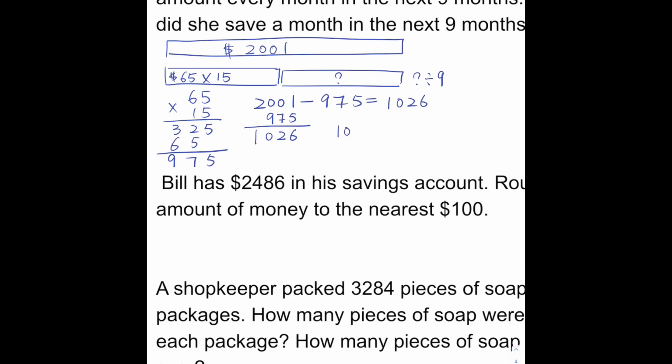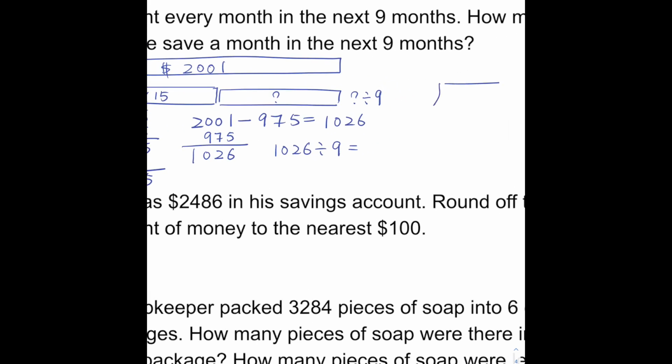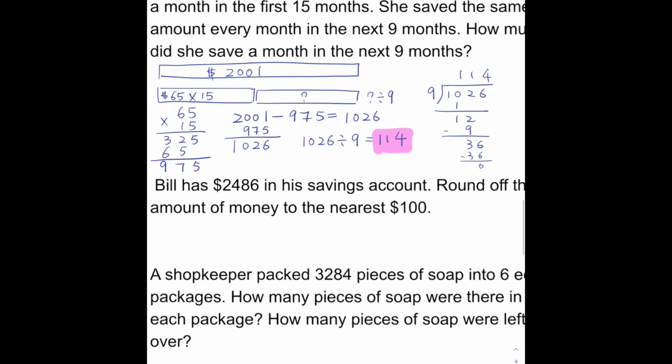And then 1026 divided by 9 equals 114. 来 we highlight this. So 他在后来9个月每月存114元. That is it.